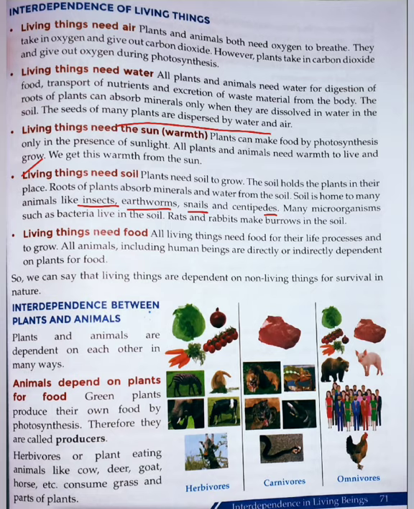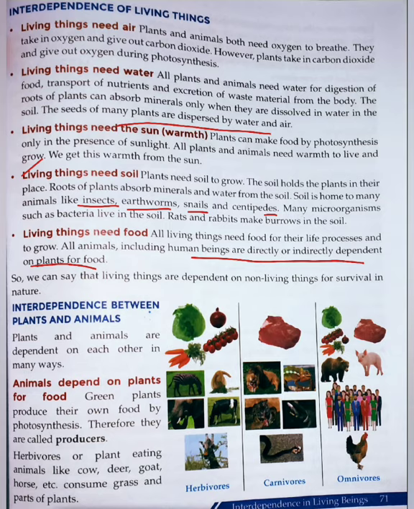So all animals, including human beings, depend directly or indirectly on plants for food. As we directly take the food from the plant. We eat the leaves of some plant, we eat fruits of some plant, or we eat even flowers of some plant, roots, even stem, right? But yes, that is directly.